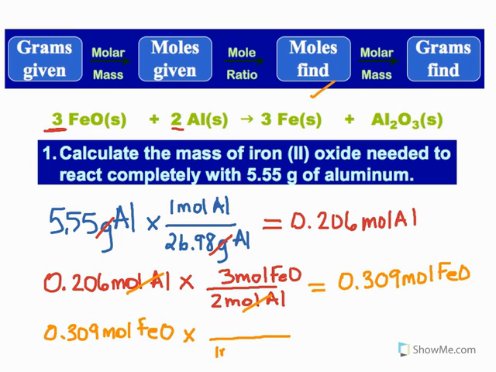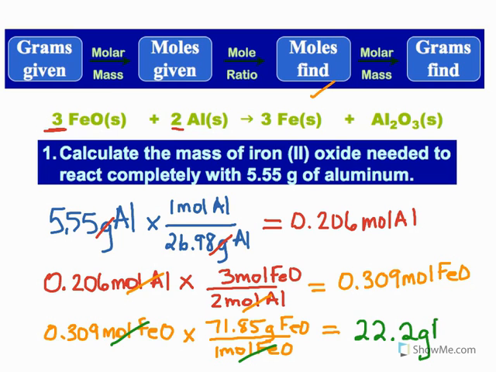I'm putting the mole down here so it cancels out with the 0.309 moles, and I'm going to enter in the 71.85 grams of iron oxide. Notice now the moles of iron oxide cancel out. I'm going to multiply 0.309 times 71.85, and I get my answer, which is 22.2 grams of iron oxide.